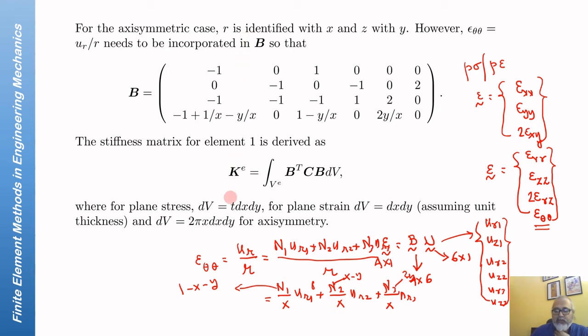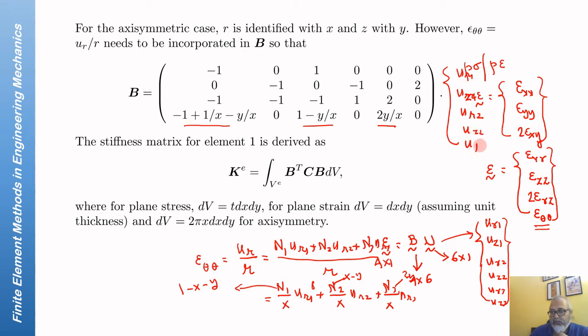So for epsilon theta theta in the axisymmetric case, we will add this, this, and this. They get multiplied with UR1, they don't get multiplied with UZ1. They get multiplied with UR2, not with UZ2.